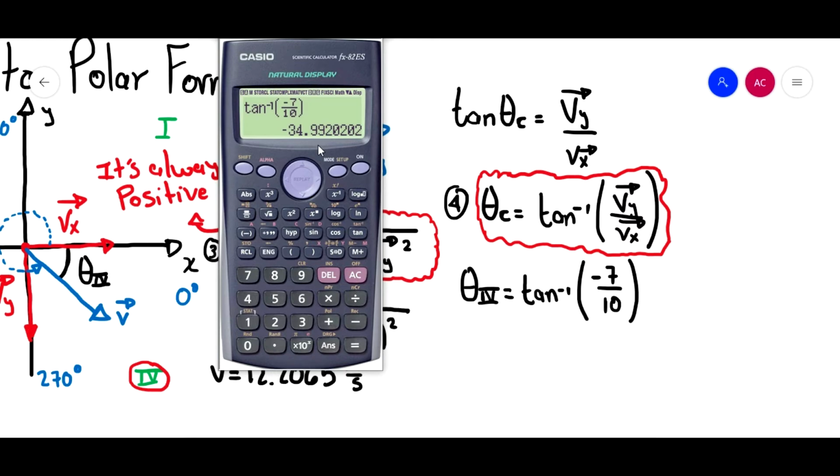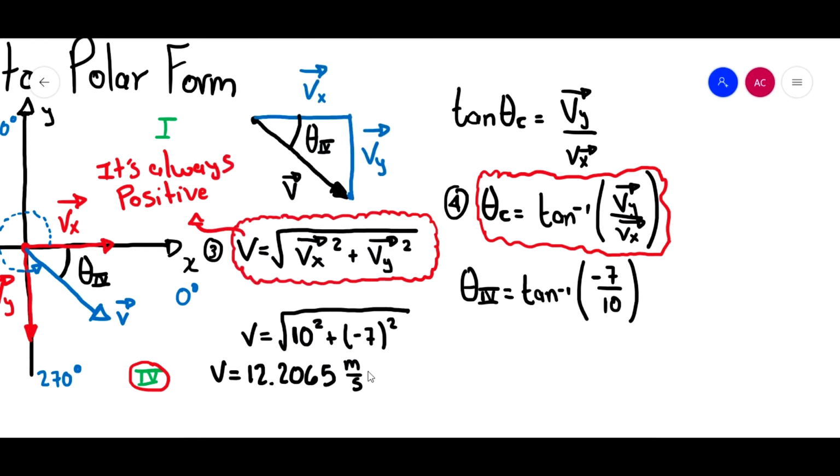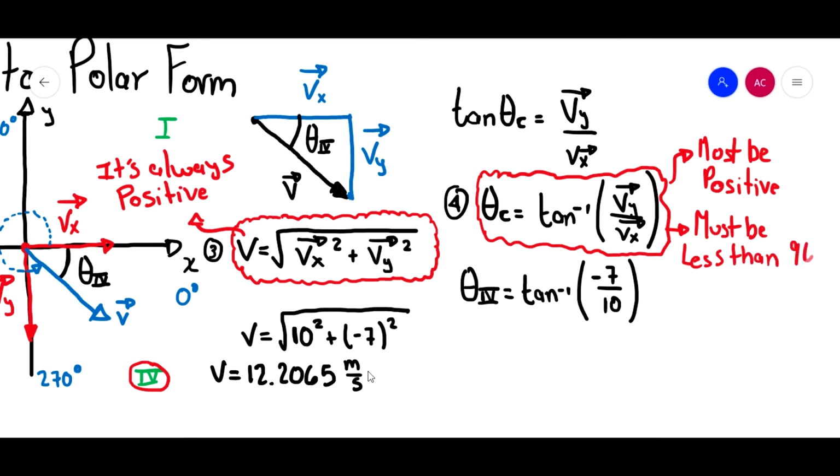Now, before we continue, I'm going to make two notes about this little angle. One note is that it must be positive. And another one is that it must be less than 90 degrees.